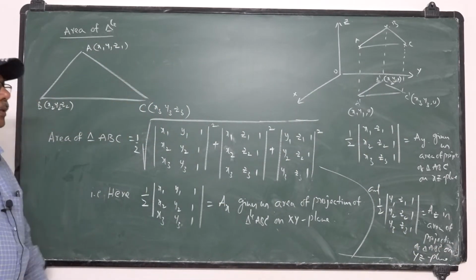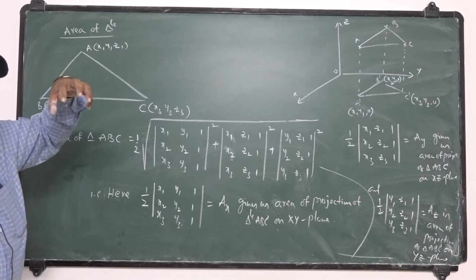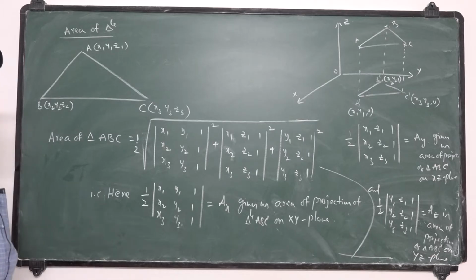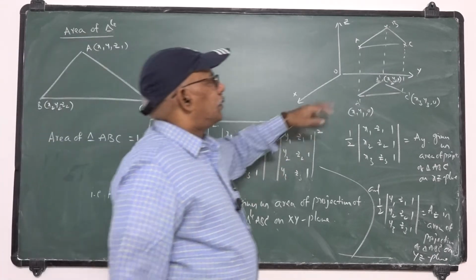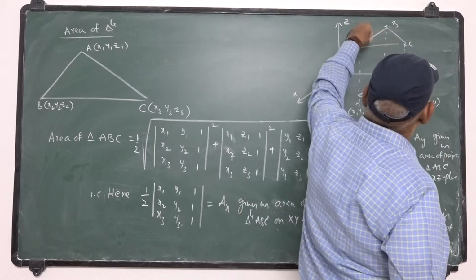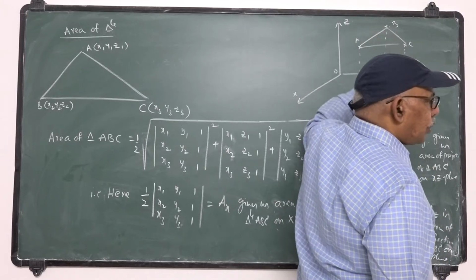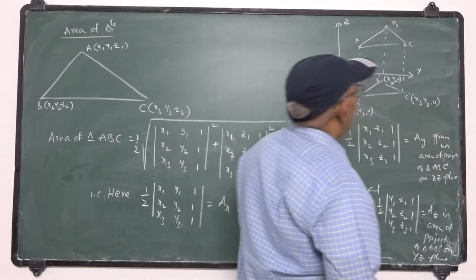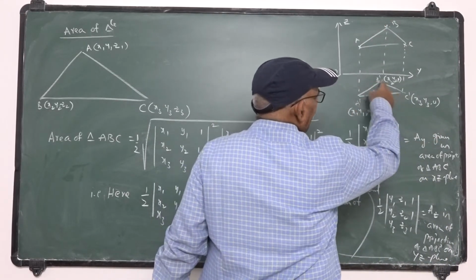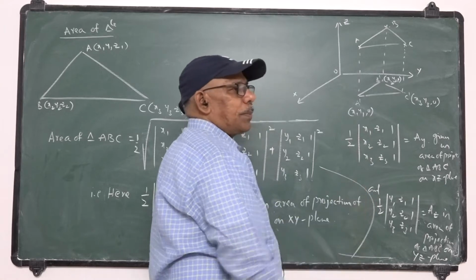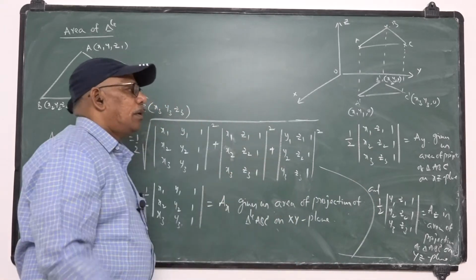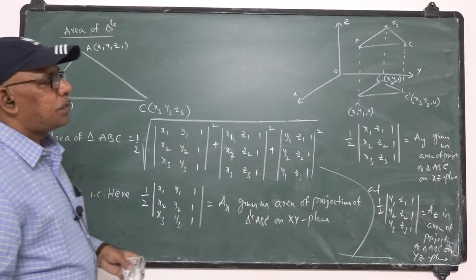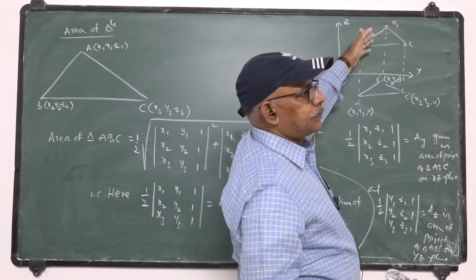So the projection of a triangle on a plane is again a triangle. These are the points in space. Once you consider the feet of the perpendiculars on the XY plane, YZ plane or ZX plane and join those feet, you again get a triangle, which is the projection of the original triangle.